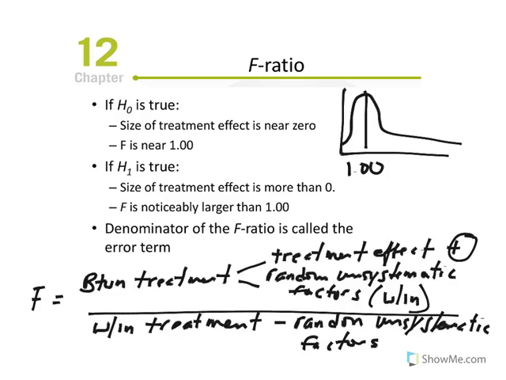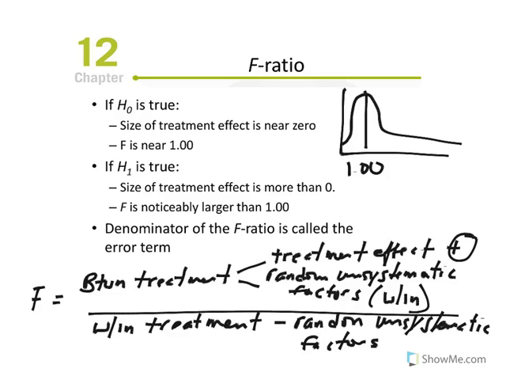If the alternative is true, the size of treatment effect is going to be greater than 0. And again, we would take the treatment effect plus the unsystematic factors, which would always produce a numerator that's larger than the denominator. So our F will be noticeably larger than 1. And the denominator of the F ratio is called the error term.